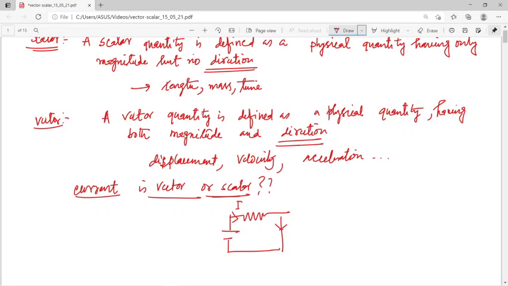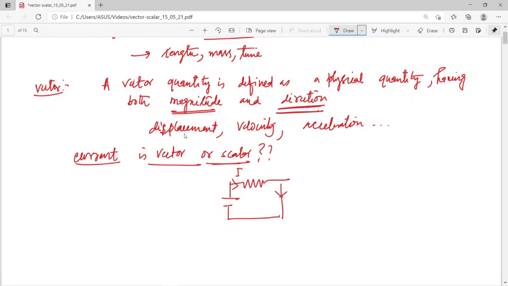So there is a confusion. It is scalar, though the definition suggests that a vector quantity is a physical quantity having both magnitude and direction. So how can this be explained?